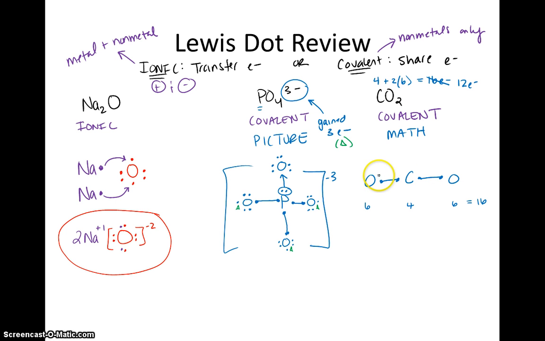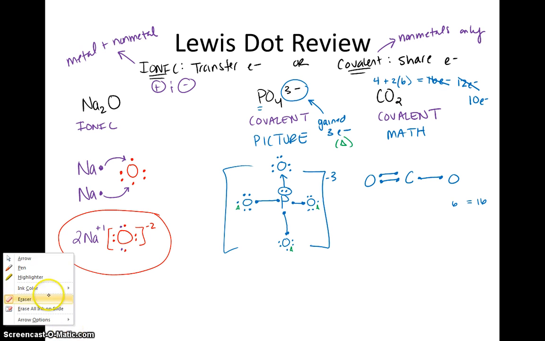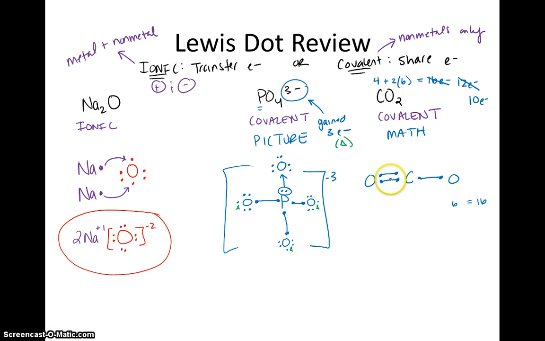So on either side, we can just choose one side. We're going to put 1 double bond. That was 2 more electrons from our total, so we now only have 10 electrons left to use in our picture. But that's going to change these numbers here. Because I've added a bond, these guys now need fewer electrons. So my oxygen has 2 bonds total, which is 1, 2, 3, 4 electrons.